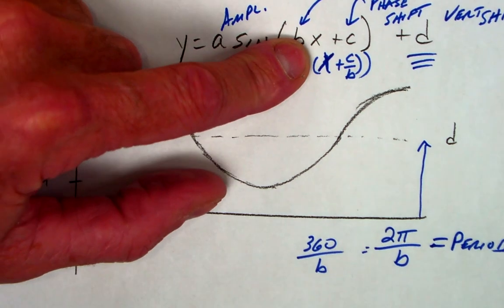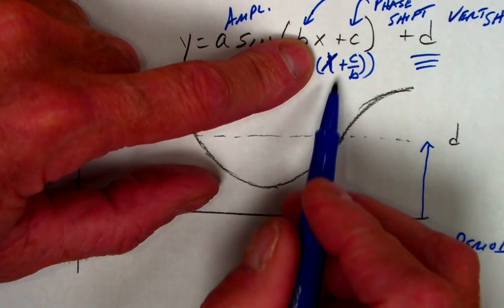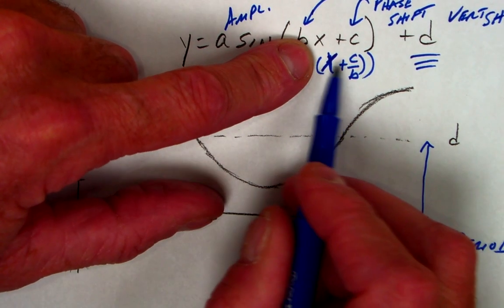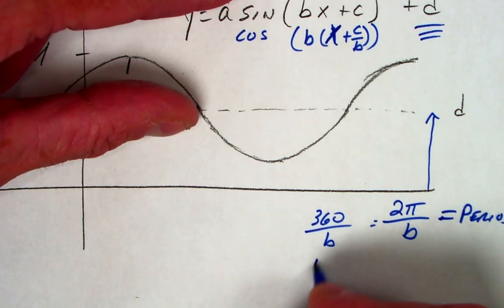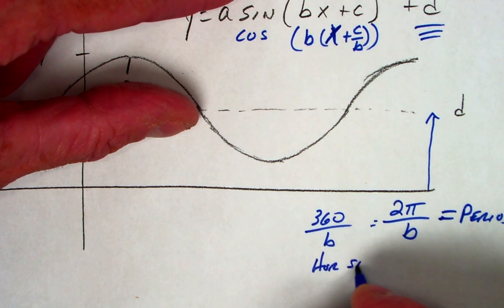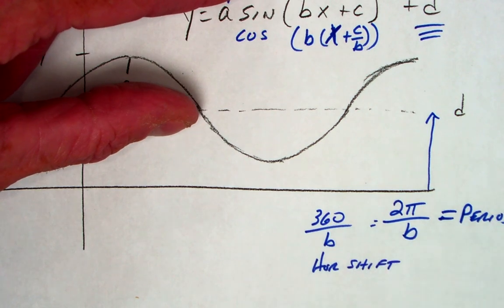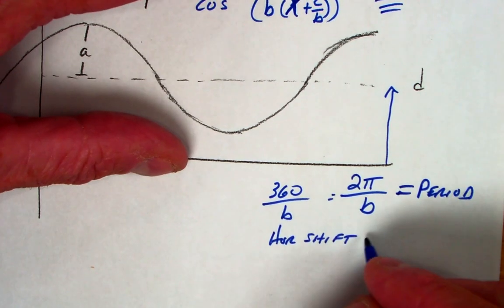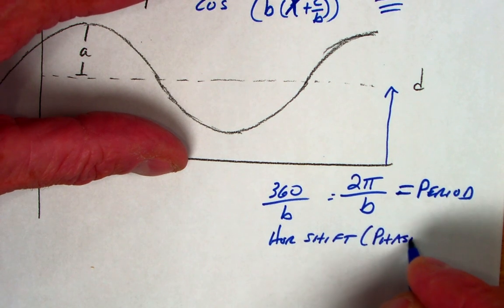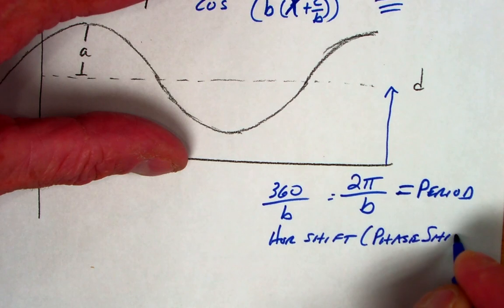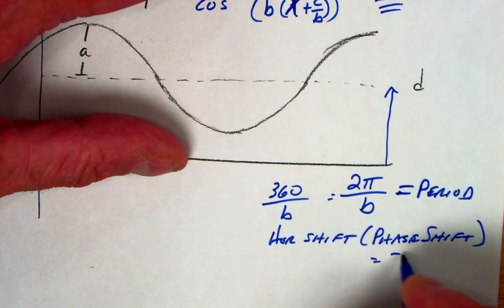Negative C over B. Nice job. So this right here, hanging out, that is my phase shift. That's my horizontal shift. I'm going to clarify all this with examples today. My horizontal shift, or they call that my phase shift, is negative C over B.